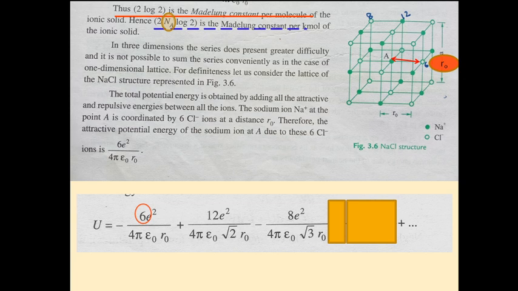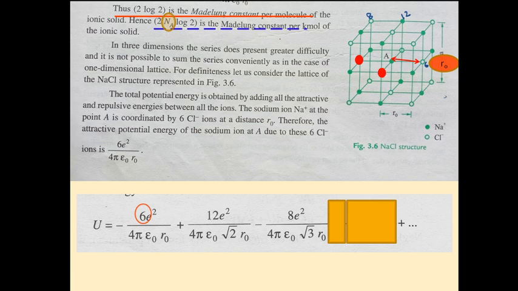Let us see in the structure where these 6 ions are available. I have made an animation for you. I think you will be able to see now with the colored red dot on the position R0. So this is 1, this is again at an R0 distance.